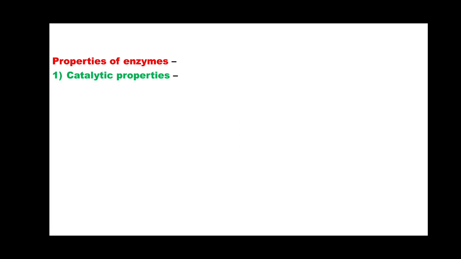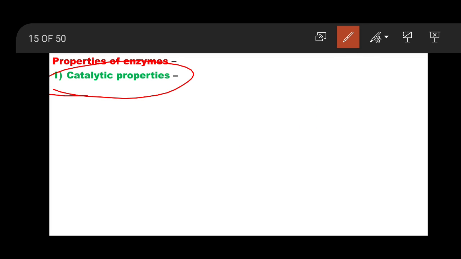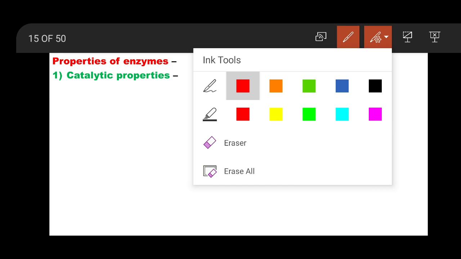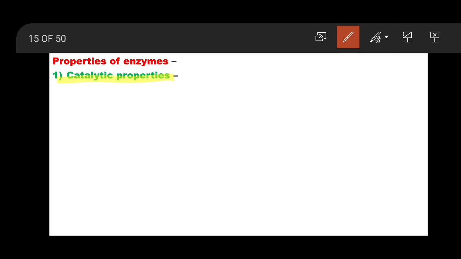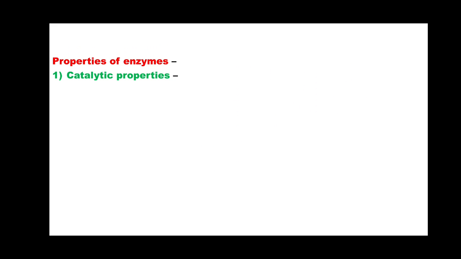So one by one. The first point is catalytic properties. So we are especially dealing here with catalytic properties.